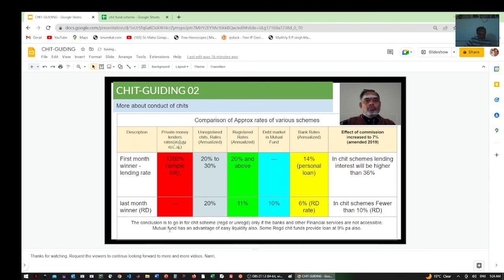The conclusion is to go for chit schemes, registered or unregistered, only if banks and other financial services are not accessible. Mutual funds have the advantage of easy liquidity also. Some registered chit funds provide loans at 9% per annum also.